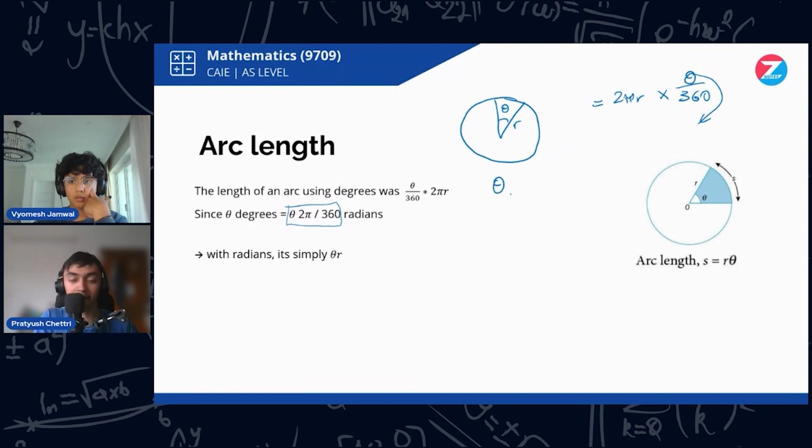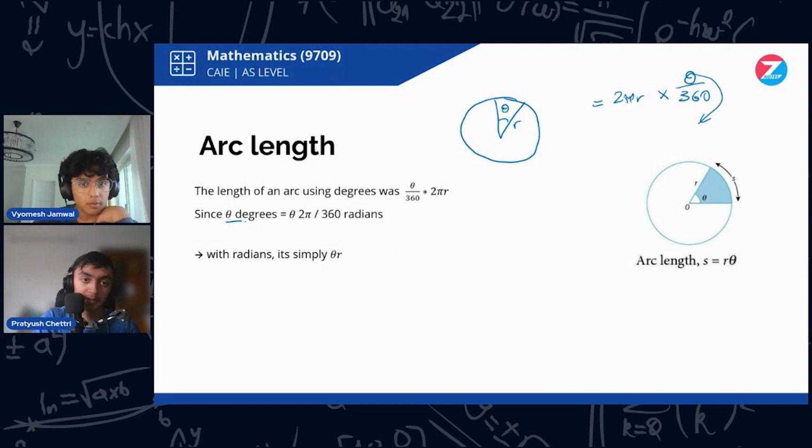The pi over 360 cancels. Did I write that right? I think I flipped it here. Can you check this? Yeah.